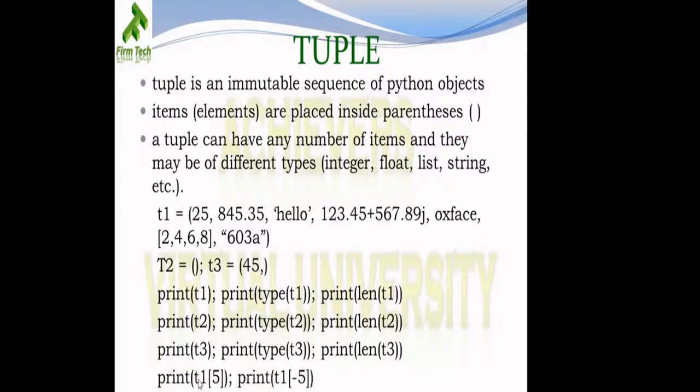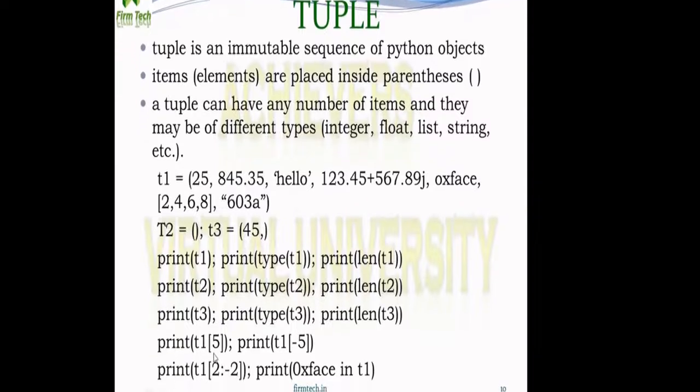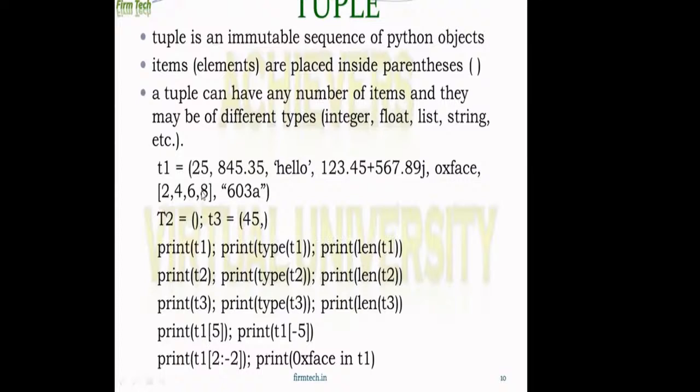And indexing as well as slicing is also possible with tuples. Both positive and negative indexes can be used. Print of T1 of 5 will display the element with index number 5, and this 25 holds index number 0, index number 1, 2, 3, 4, 5, and this list 2, 4, 6, 8 will be displayed as a result of print of T1 of 5.